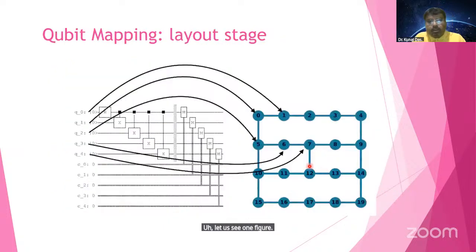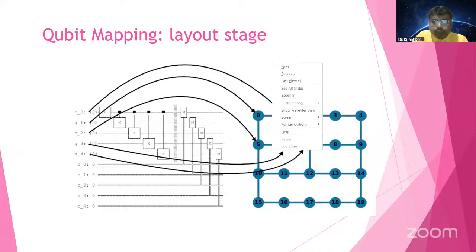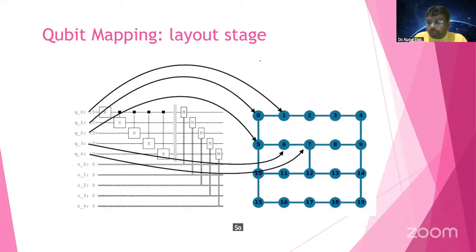So this we code arbitrarily. Suppose I plan to connect Q0 with Q1.